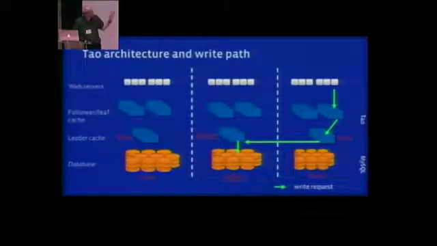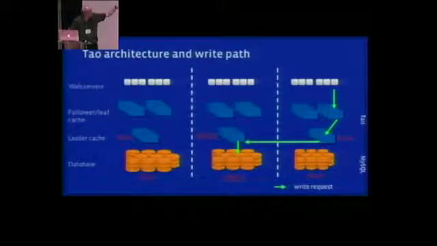Now what we want to do is look at how write requests work in the system, and how we propagate all of the data to the different data centers. So suppose that we have the write request starting in a web server connecting to a follower cache that is in a different region from where the master of this data is hosted.